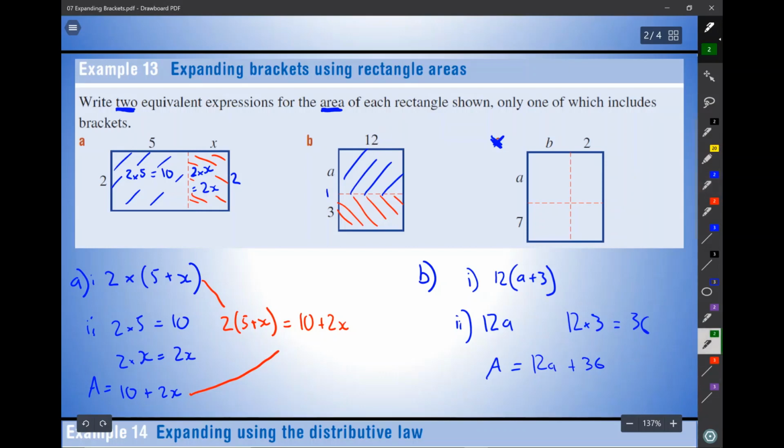And again, the important point to note is that this expression and this expression mean exactly the same thing. They are both expressions for the area of this rectangle, and they are both completely accurate ways to represent the area of this rectangle.